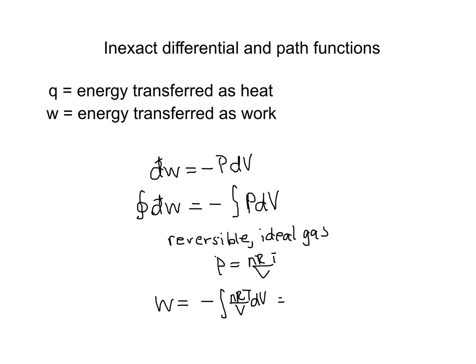As long as I'm at constant temperature, I can pull n, R, and T out of the integral and integrate dV over V to get the natural log of V final over V initial. So by equating the inexact differential to an exact differential, a state function, I can do the integral and I can determine the amount of work done in that process.